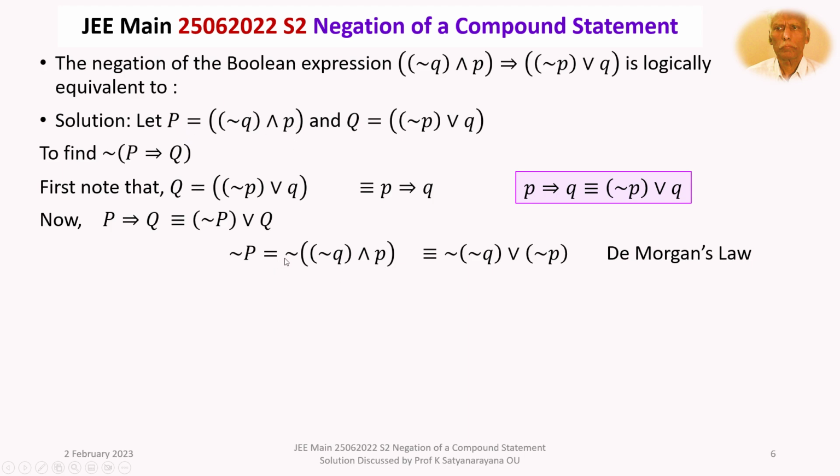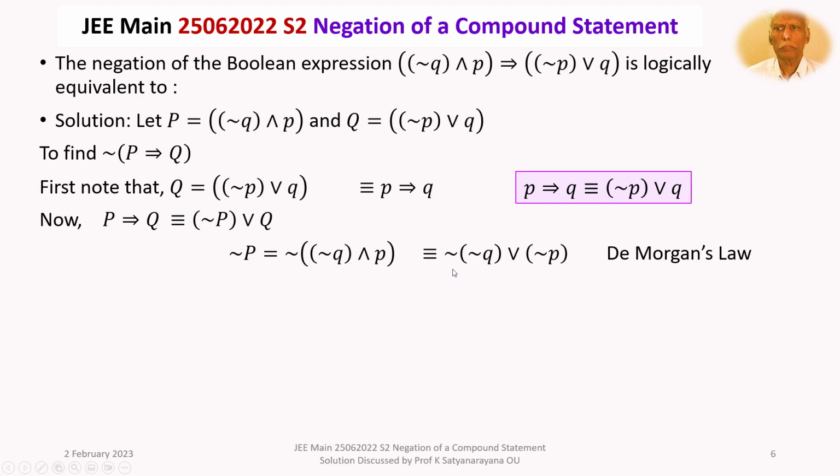The negation of a statement and another statement. So we use De Morgan's law, that is the negation of the first statement, the negation of Q, and becomes or, negation of the second statement P. This is what is called De Morgan's law.